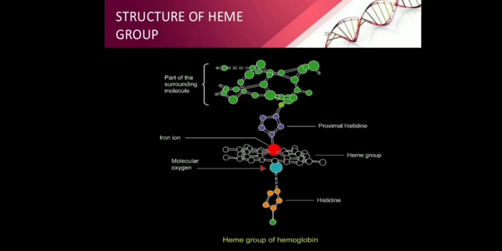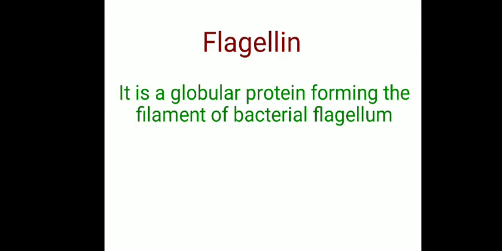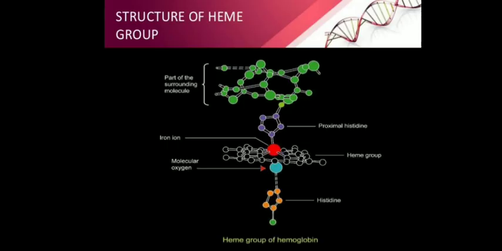Here a proximal histidine and iron form a strong pocket like structure where the heme group gets bound, and a perfect structure is formed, which you can see in the diagram. It is the heme group of the hemoglobin. So this is the first example of protein, which is known as hemoglobin.